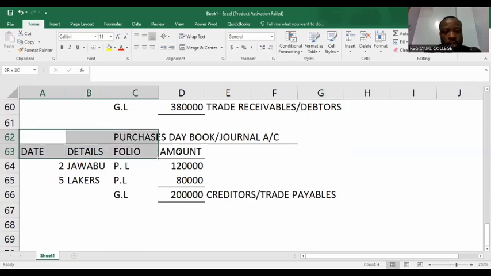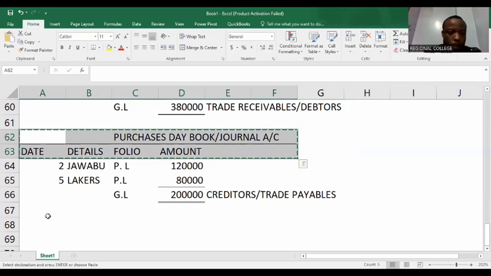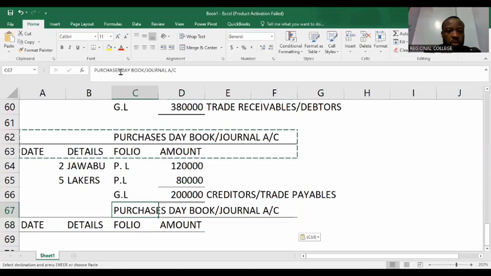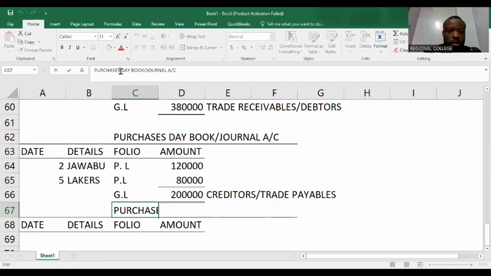So the return inwards, those are just the sales that are coming back. So they have the information of the sales ledger. So you can call them return inwards daybook.